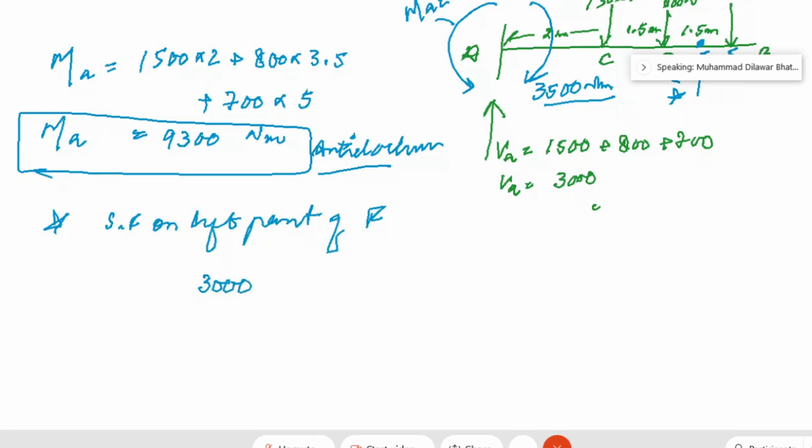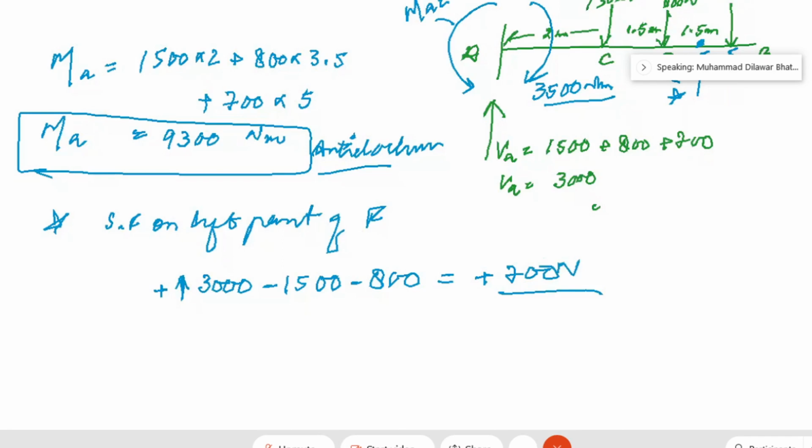That is going from bottom towards up, in this direction, that means it is positive, and there is this load coming from the upwards, that is 1500, and then it comes out to be again 700.